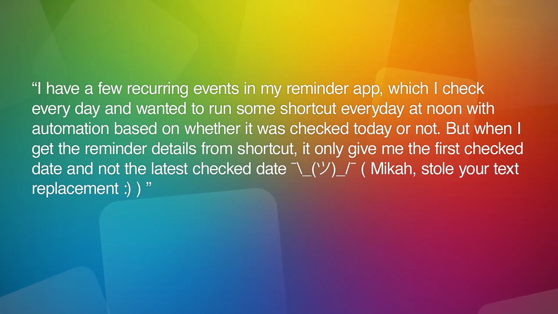And then Supratim put in a shruggy emoticon and is letting us know that the way they put in that shruggy emoticon is by using the text replacement feature of iOS. So Supratim, this makes me so happy to know that you're getting so much from this show. But Rosemary, what are your thoughts on these reminder suggestions? Is there a way to see if they've been checked?